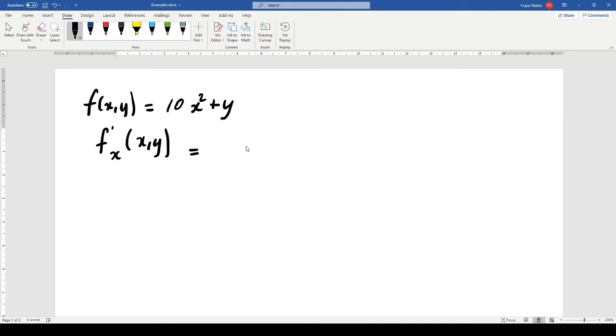So that's going to be equal to 20x. The partial derivative for y is going to be equal to the derivative of this function with respect to y, which is just going to be equal to 1.